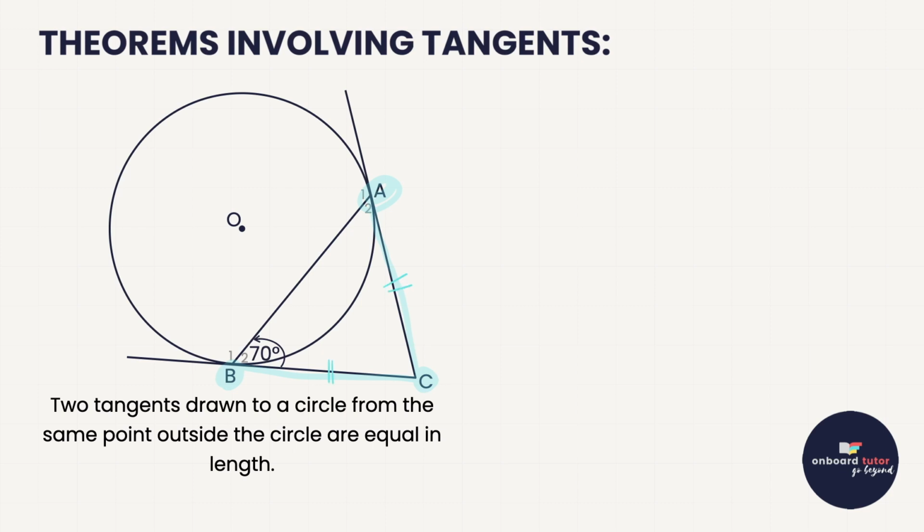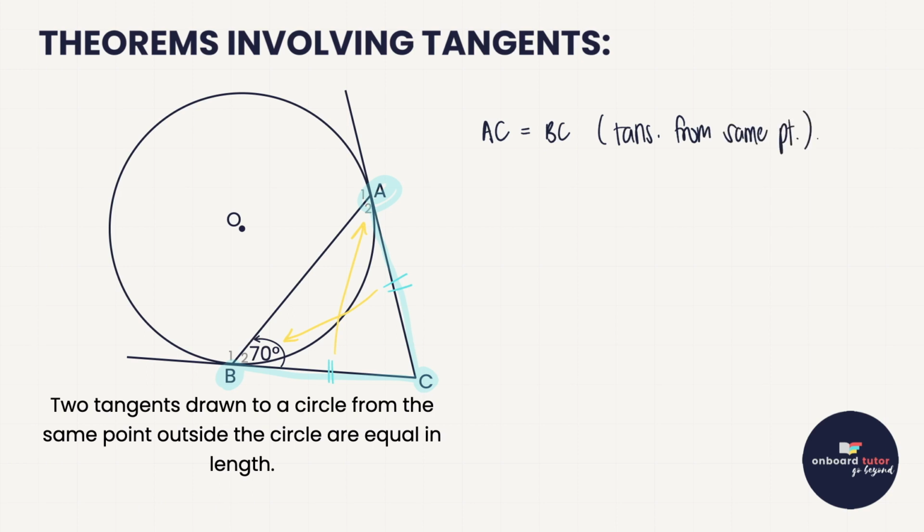Okay, and why is that important to me? Well, because there's something very significant about the angles opposite equal sides. So if I was given something like this, I could then say, well, AC is equal to BC, and the reason is tans from same point.